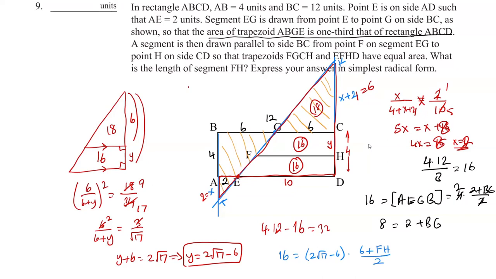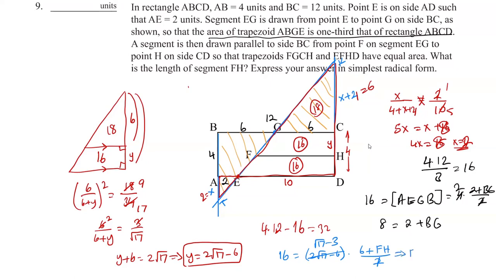If you do so, I can cancel by 2, so you will get root 17 minus 3. If I divide both sides by root 17 minus 3, 16 over that will be my fraction, and then I will subtract 6 after.